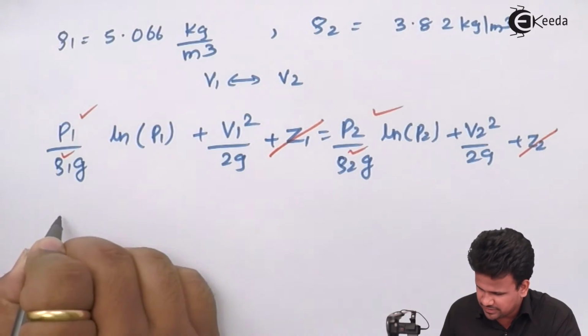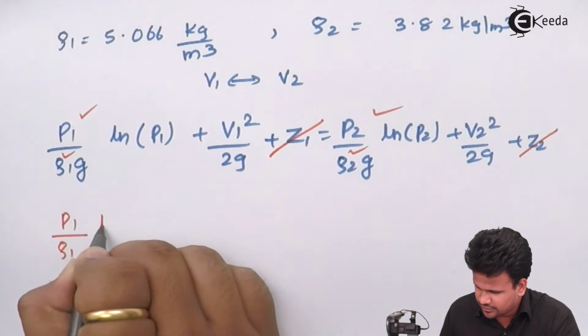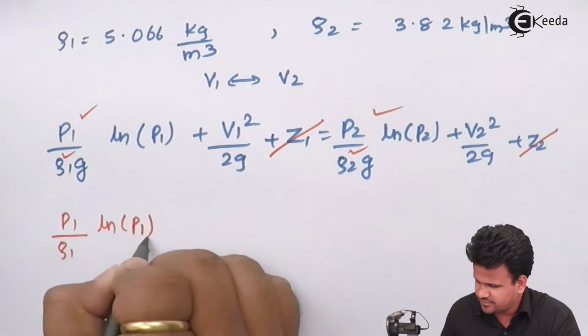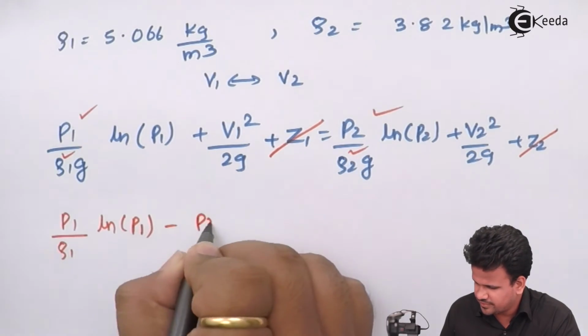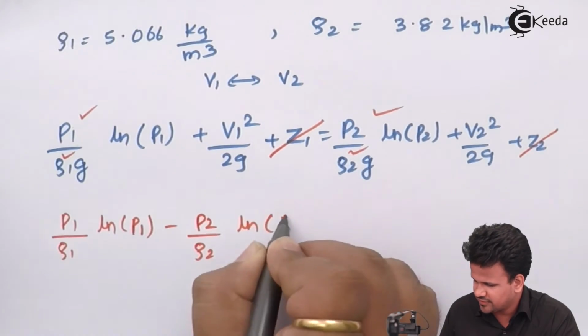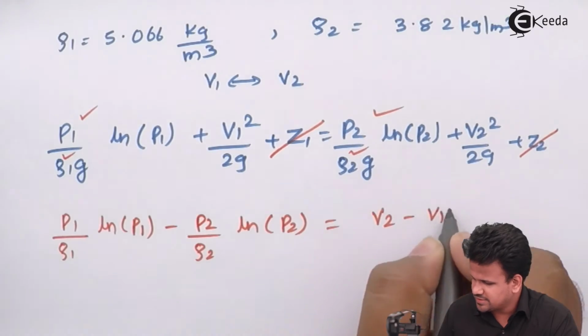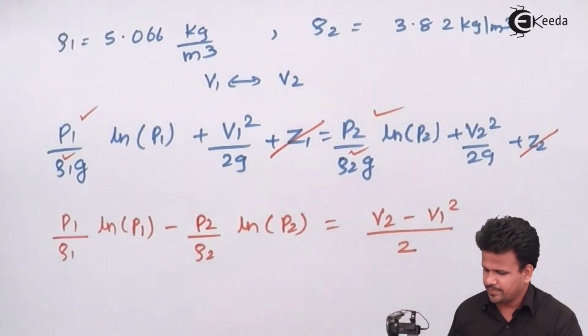That equation will be P1 upon ρ1 into ln of P1 minus P2 upon ρ2 into ln of P2 is equal to (v2 square minus v1 square) upon 2.